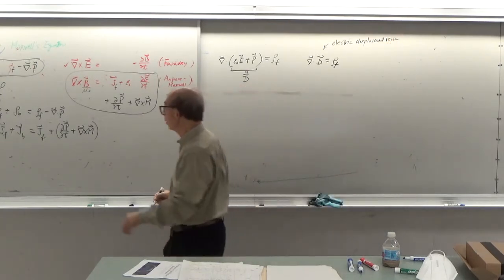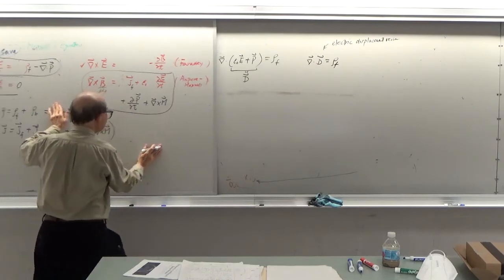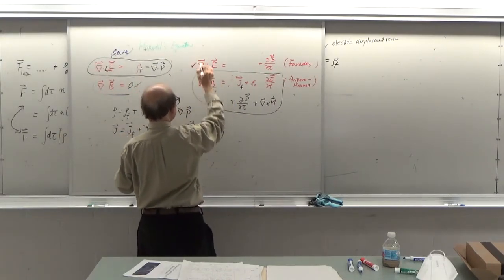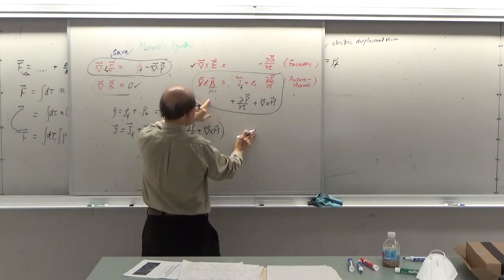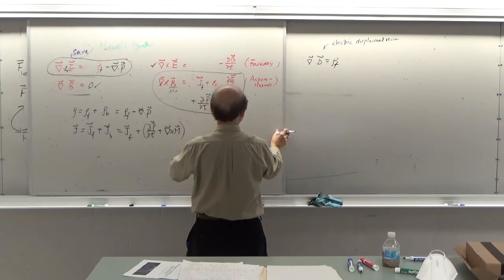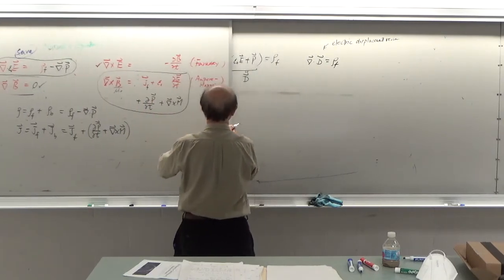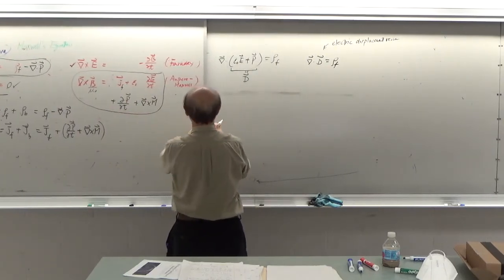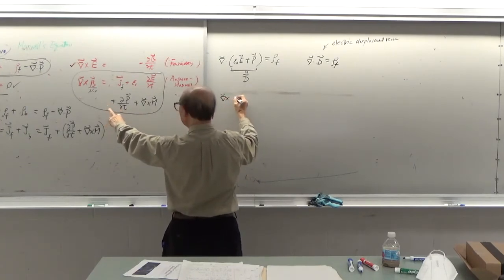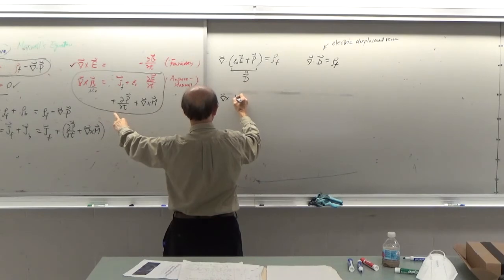All right. The other two equations remain, this and that. But let me take a look at the last one, the complicated one. The last one would be of this form, so that I have the curl of B divided by mu naught.